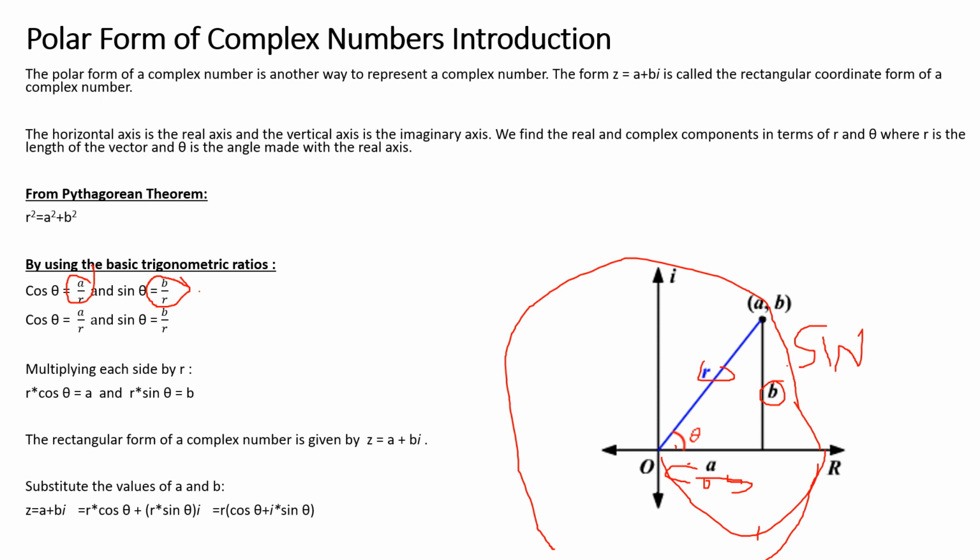If I multiply by r on both sides, that cancels out, and I get r cosine theta equals a. And putting r on both sides here, that cancels out, r sine theta equals b.